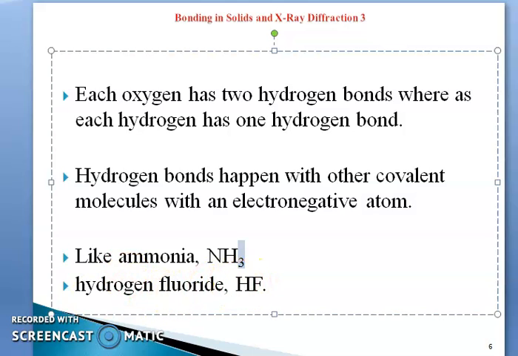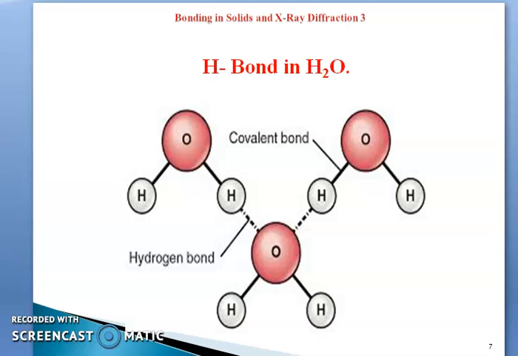See here the figure, hydrogen bond in water molecule. Oxygen and hydrogen, they are connected. So in this way, hydrogen bond exists between oxygen and hydrogen in water molecule.